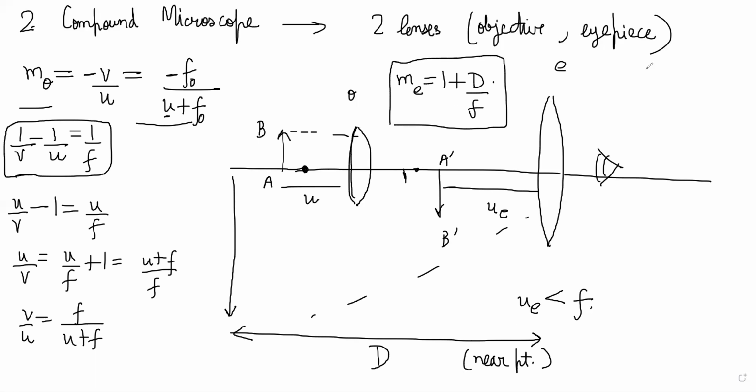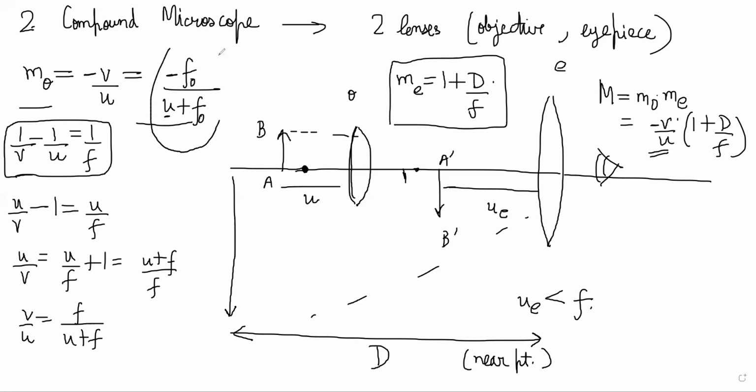Overall magnification, capital M, is m naught into me, which will be minus v by u into 1 plus d by f, and for minus v by u, you will have to put the value of this.